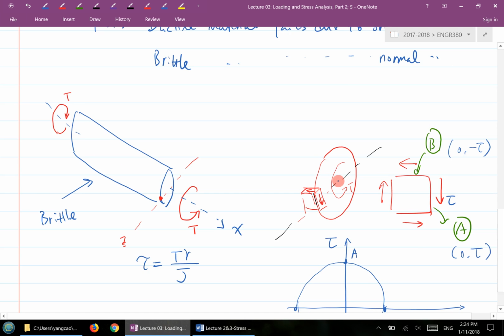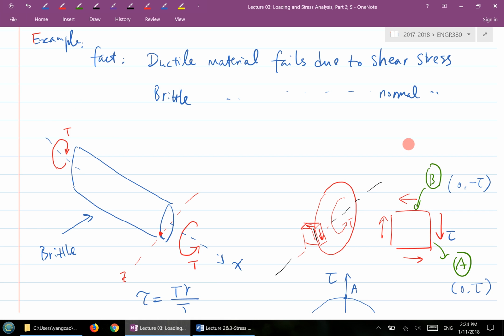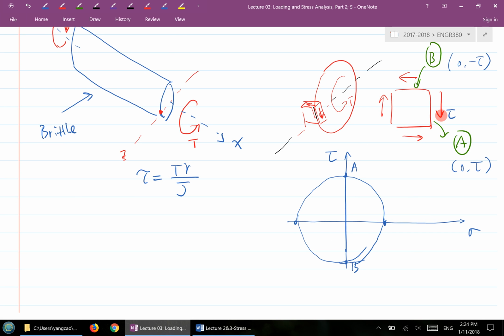As we just said, brittle material will fail due to normal stress. So you look at this one here, where's the principal normal stress or maximum normal stress? That's this location here, right? And this is the current state of stress. How do I go from the existing one to the state where you have the principal normal stress?